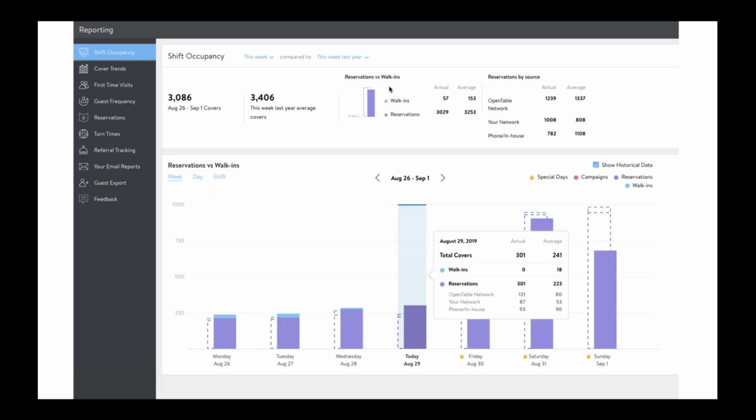When you're looking at the headings here, the second one, reservations versus walk-ins, you'll see some dotted lines next to these charts. The dotted lines will always resemble historical data, which is what we're comparing to, which is last year in this case. So walk-in data right now, we're actually running at 57 covers. This is running, real-life data, so it's always constantly working.